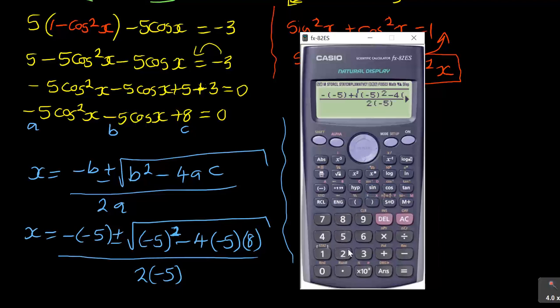Are you seeing that, guys? And when I do that, I get my first value, x is equal to minus, if I do it to 3 decimal places, minus 1,860.